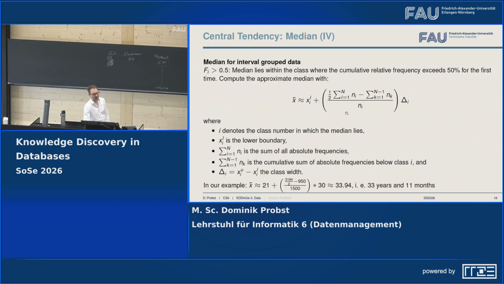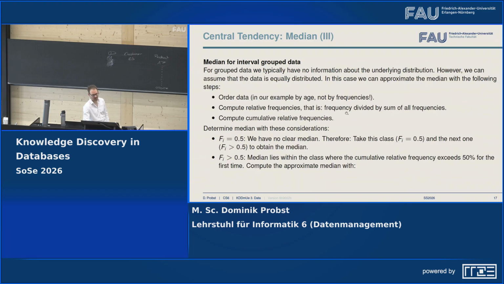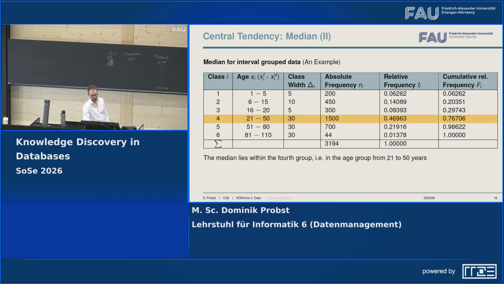of a group. Then we add 1/2 of the sum of all absolute frequencies minus the cumulative sum of absolute frequencies below the group. So in this case, these two values.